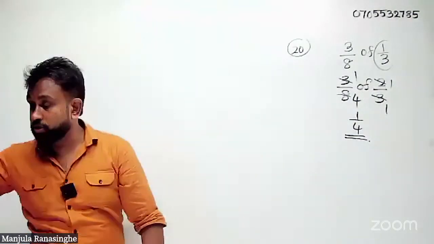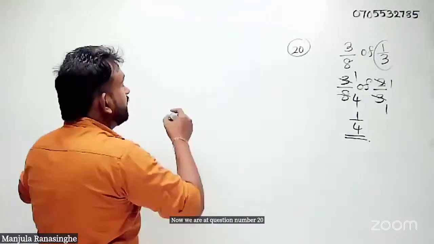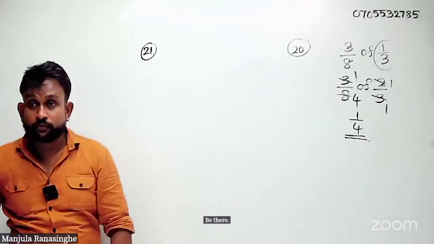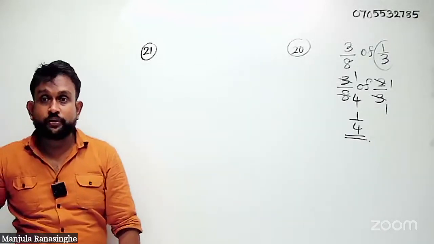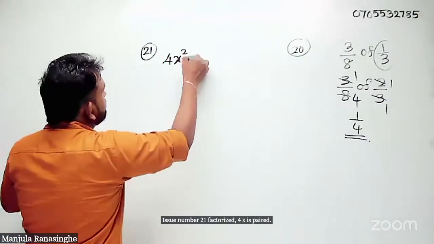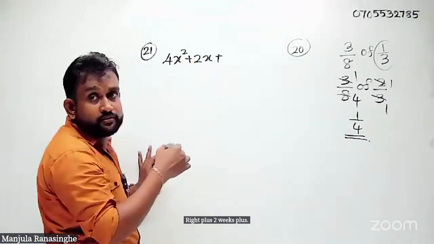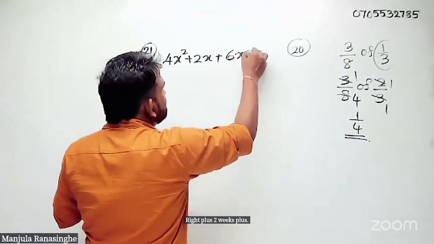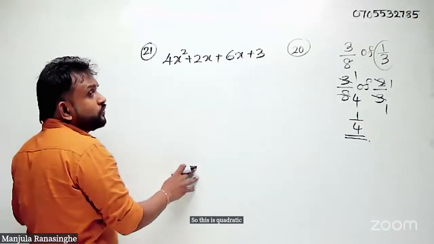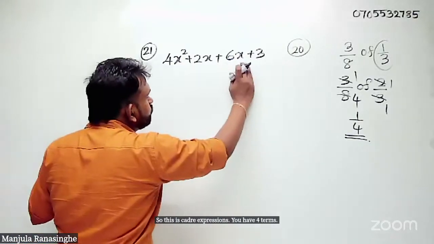Now we are at question number 21. See there. Factorize 4x squared plus 2x plus 6x plus 3. So this is a quadratic expression. You have four terms. No common factors for all four terms.